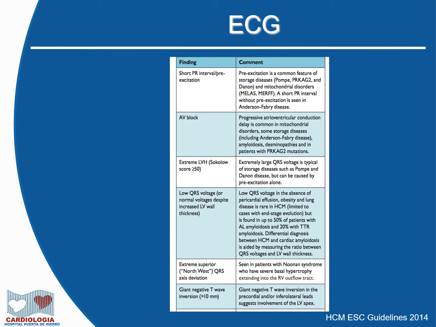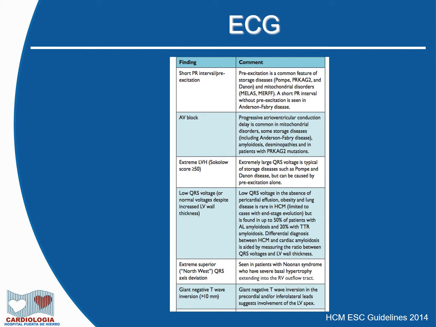A patient with hypertrophic cardiomyopathy and AV block, we might be having some cases of Anderson-Fabry disease, amyloidosis, desminopathies, or PRKAG2 mutations. When we find extreme left ventricular hypertrophy, so a Sokolow score more than 50, that's typical of some cases such as Danon disease.